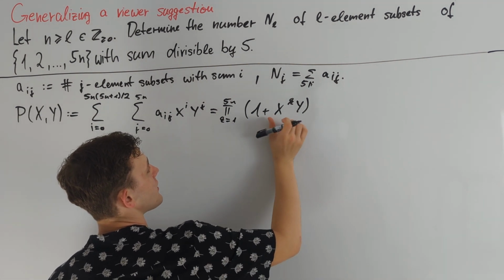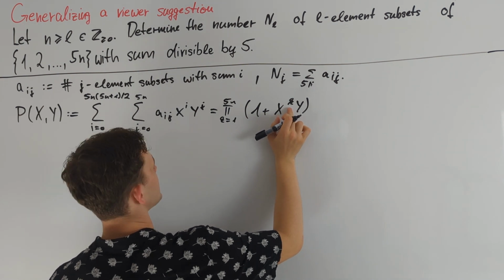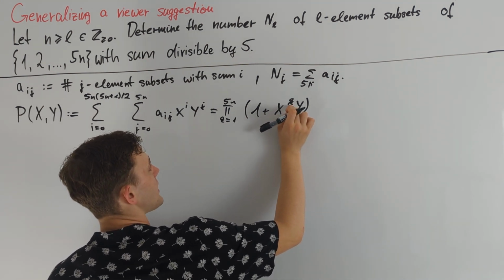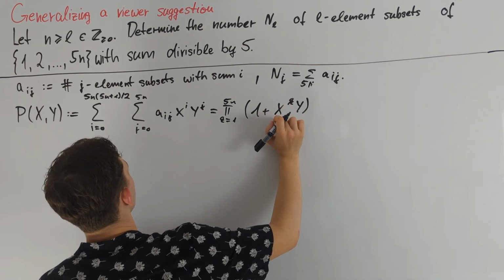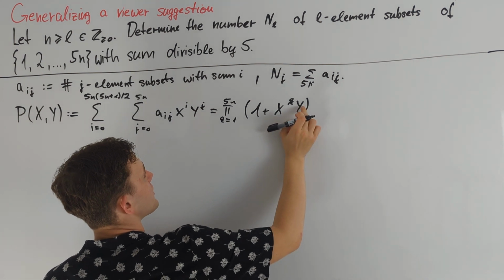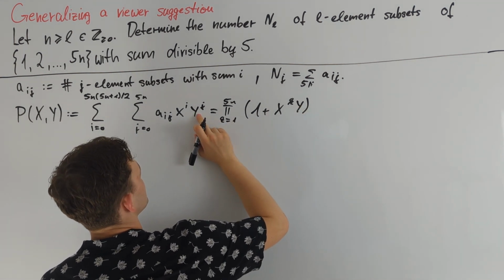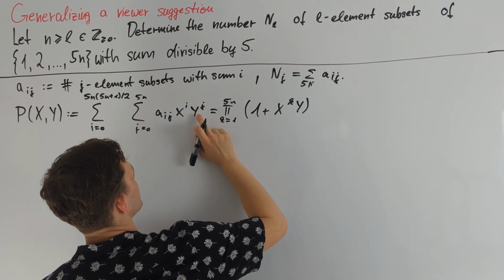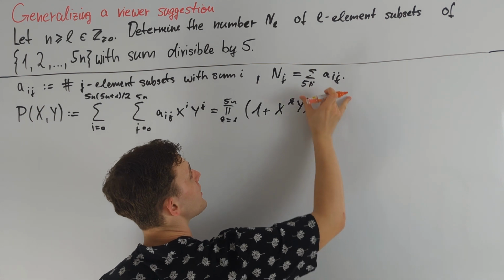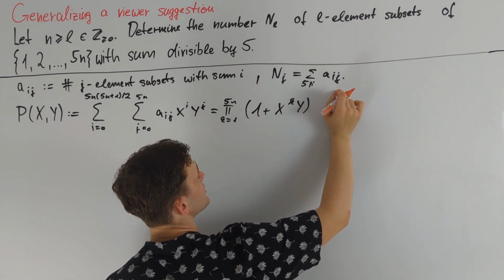Here this corresponds to choosing this k in our subset, and then we obtain an exponent of plus k for the x, which increases our i by k, and we multiply by y, which is also good because y to the power of j corresponds to a j-element subset. Recall that we want to evaluate the sum of a_ij for i divisible by 5 and some fixed j.